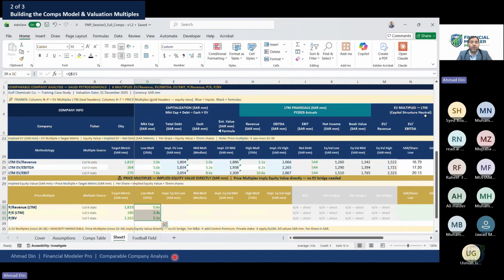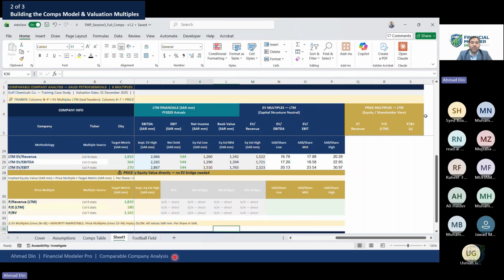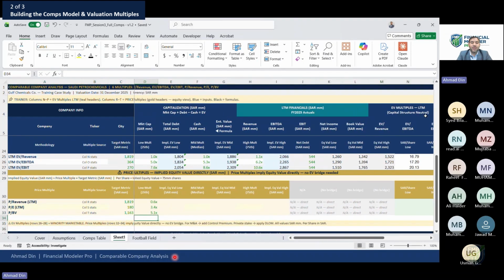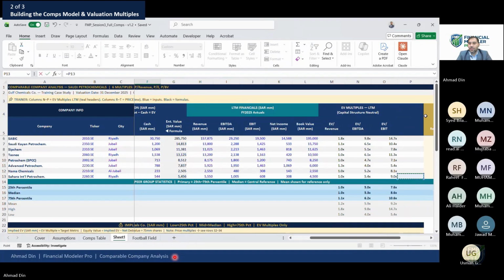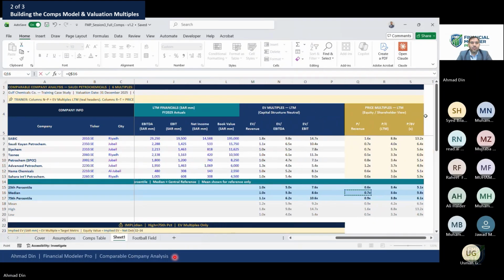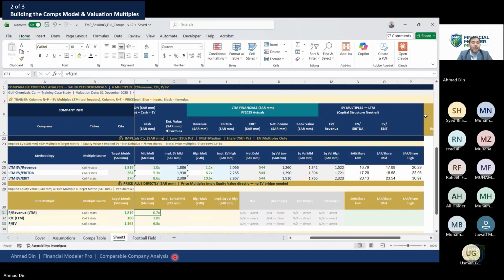If we want to verify, 0.6, 3.4, and 5.1. So that is our low. The same way we will get our multiple for the median, and then we will get our multiple for the high.